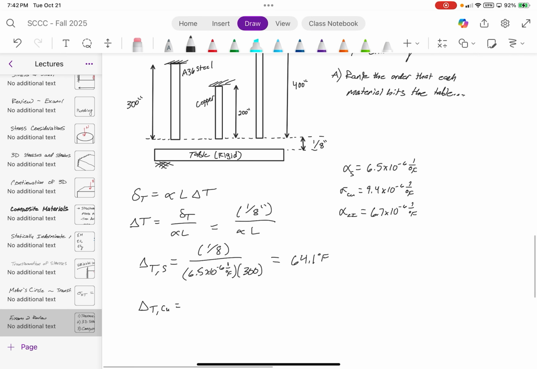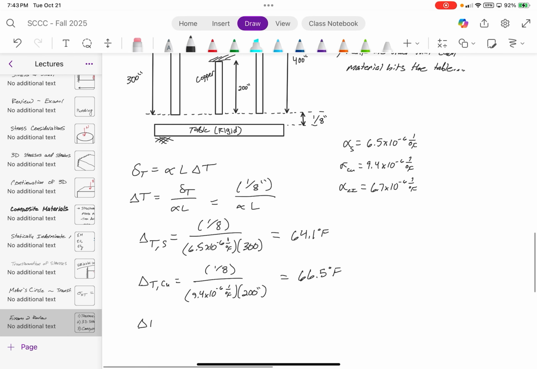For the change in temperature of the copper, it's the same thing, just using the copper as the material now: 9.4 times 10 to the -6, 1/degrees Fahrenheit, times the length of the copper, which is 200 inches. You should have gotten 66.5 degrees Fahrenheit.